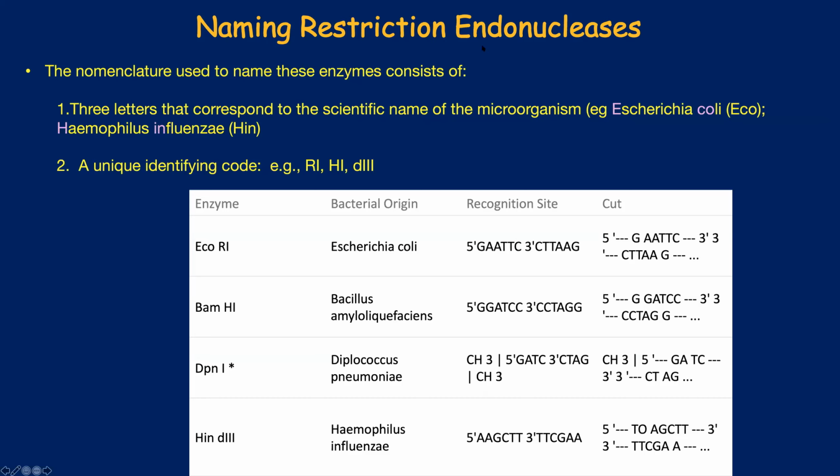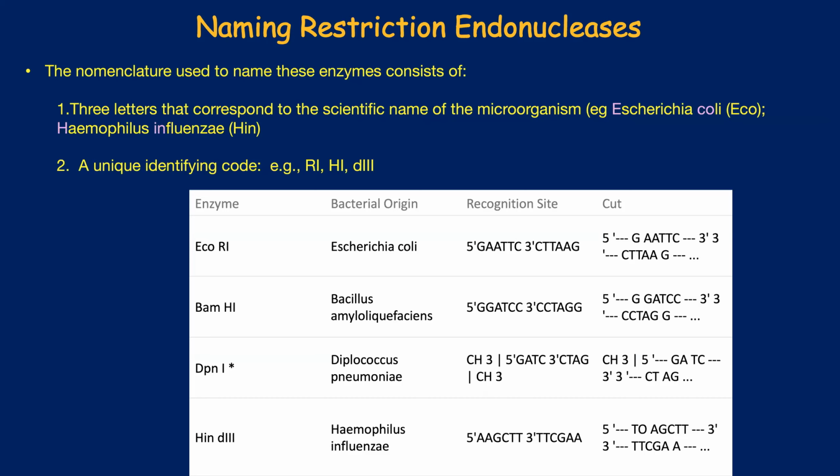Nomenclature, naming restriction endonucleases. Where do these exotic sounding names come from? Well, the rules, and these are followed rigorously, are three letters, like Eco, that correspond to the scientific name of the microorganism that makes the enzyme.